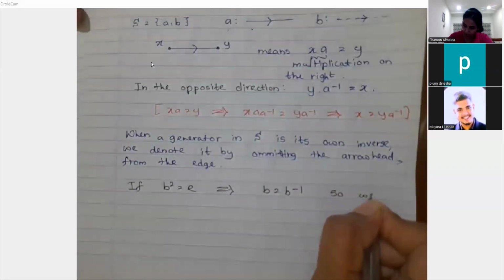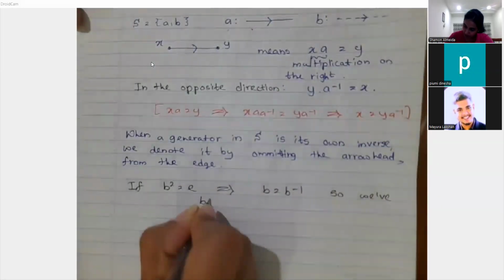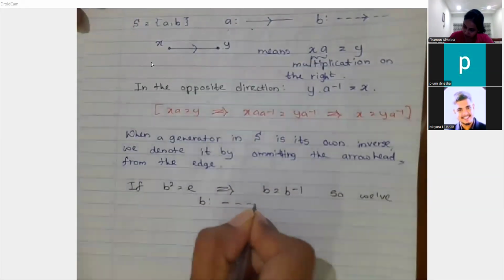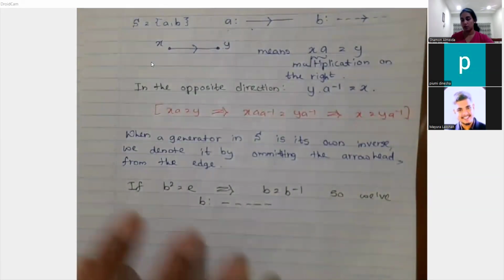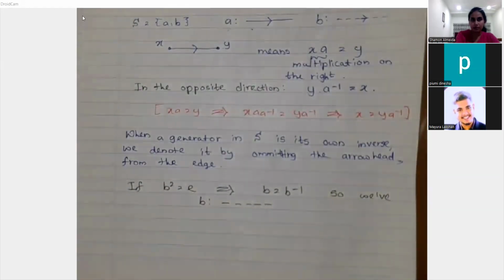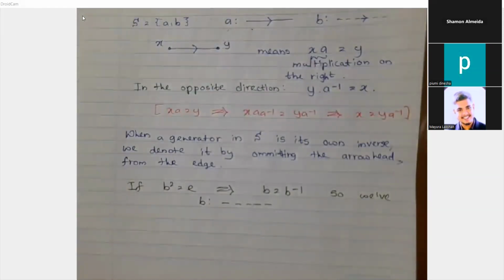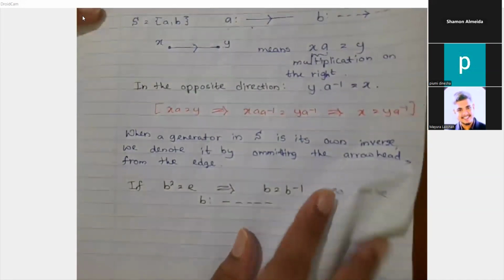So in that case, we will denote B by simply this dash line, no arrowhead, okay? That's what it means. Let's take a look at a few examples here.